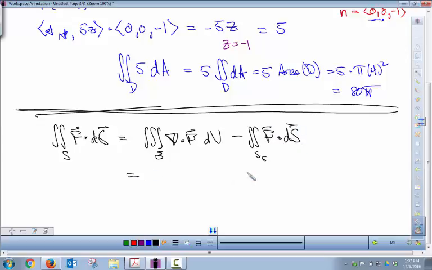And then we got 80 pi for this and 400 and something. For what? 420 pi for the volume one. And this becomes 340.